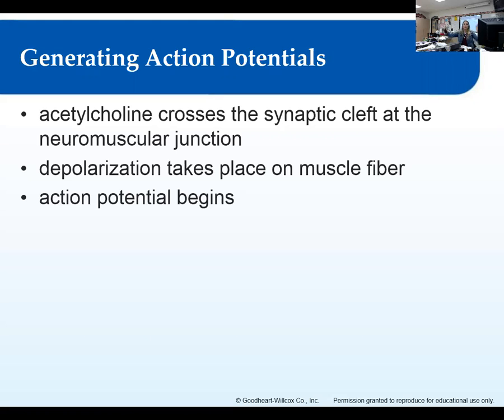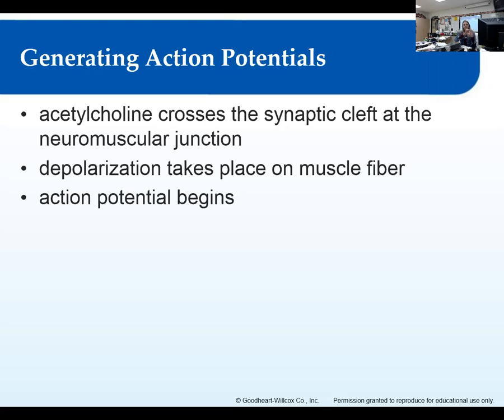So sodium rushes into the cell, and at the same time, potassium is being pumped back out of the cell. But sodium's rushing in so fast that it changes the charge of the muscle fiber itself, and that's what causes that action potential, or that nervous impulse, to shoot across the muscle cell and makes it contract. So that's what an action potential is.